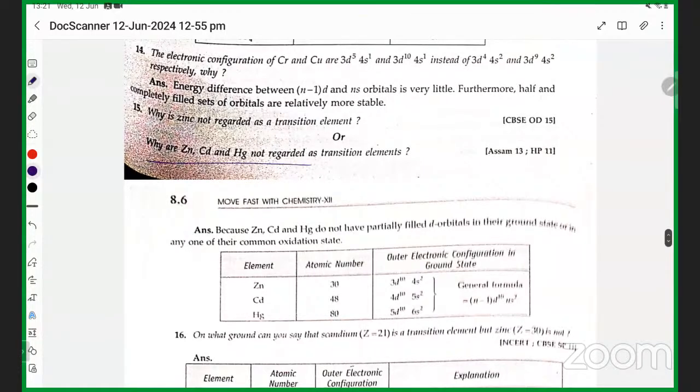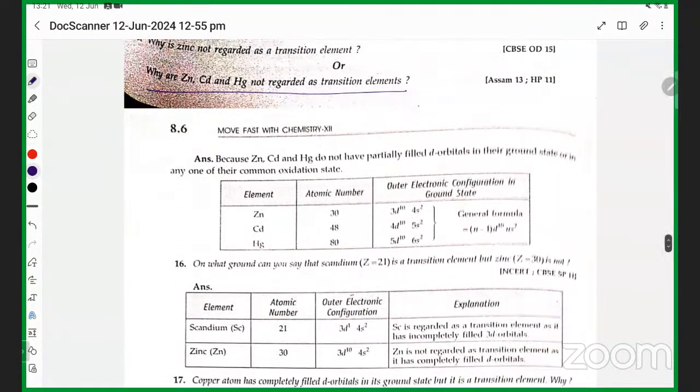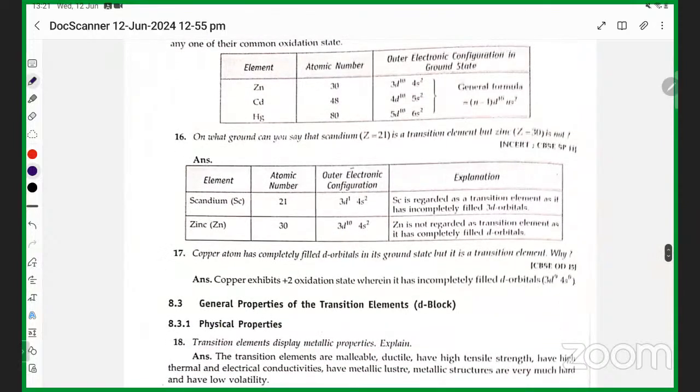Why are zinc, cadmium and mercury not regarded as transition elements? We have already done that. On what basis is scandium a transition element, while zinc is not? What reason can you give? Sir, it has a completely filled 3d.